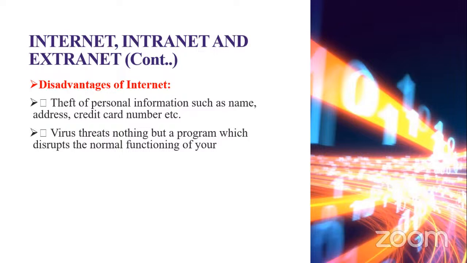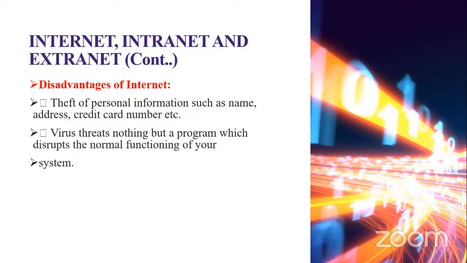Virus threats are nothing but a program which disrupts the normal functioning of your system. If you click a particular link or a mail and your system is affected by the virus, that is possible only through the internet.